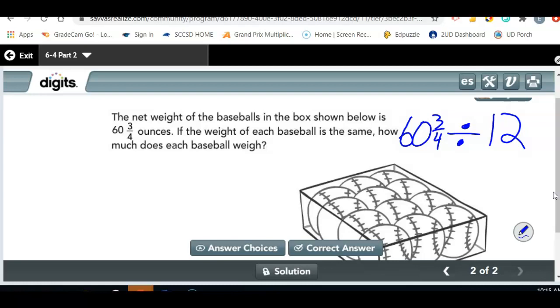You have a couple minutes here to solve this problem. See if you can do it. 60 3/4 divided by 12.